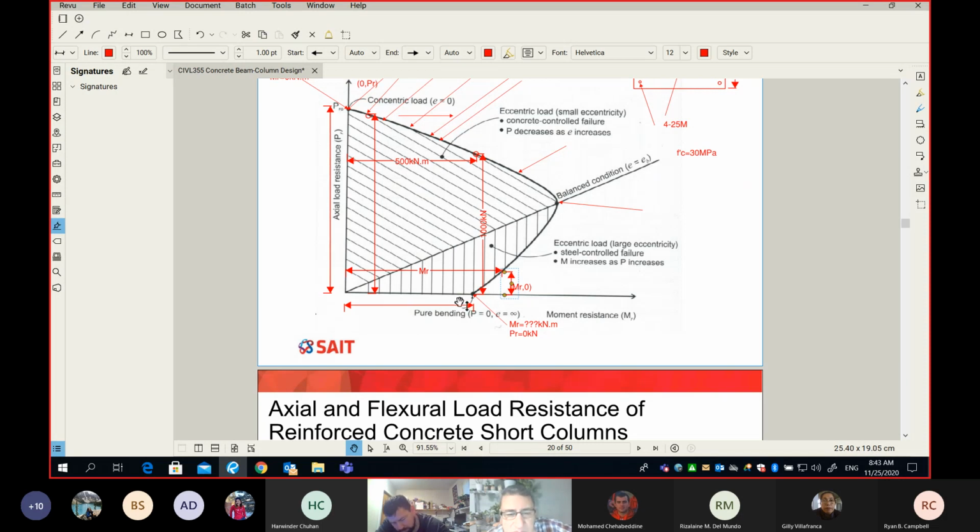If you remember, we design our beam to be a tension failure, correct? Yes. So if I apply an axial force while the failure is controlled by the tension in steel, and I'm applying a compression force, the section will yield first.